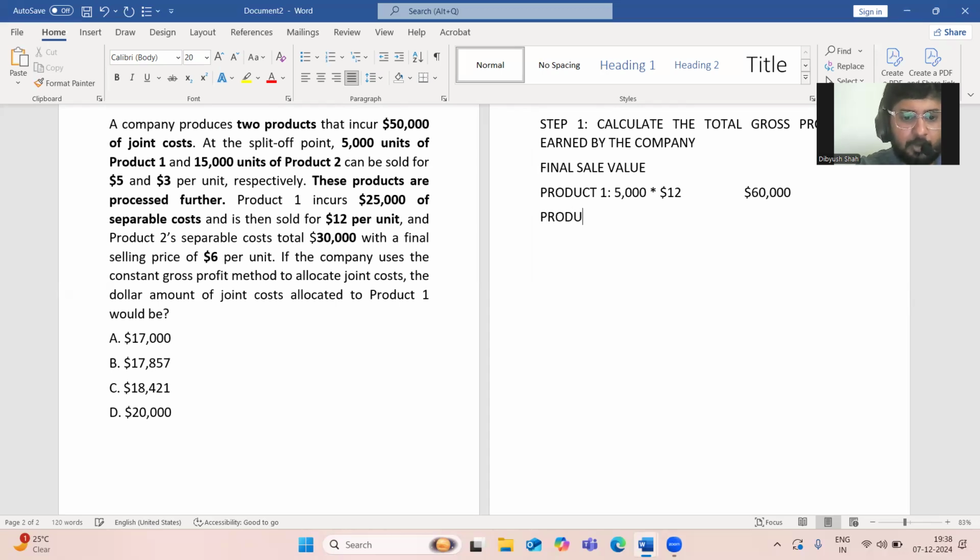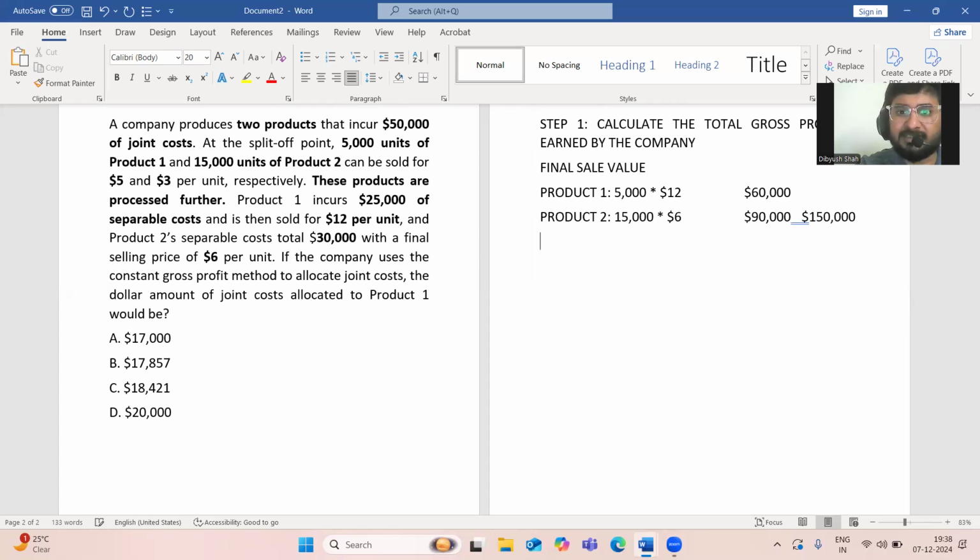For product 2, 15,000 units I have, and I will get $6 each. So it is $90,000. So what is my total realizable value? 150K. This much I will get by selling them after further processing.